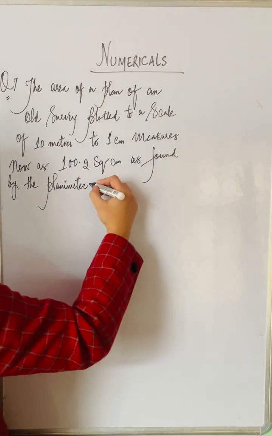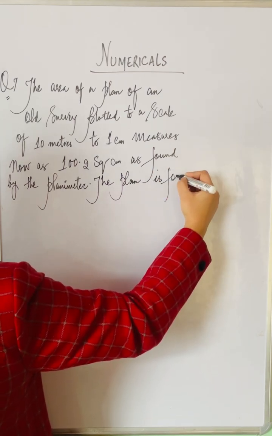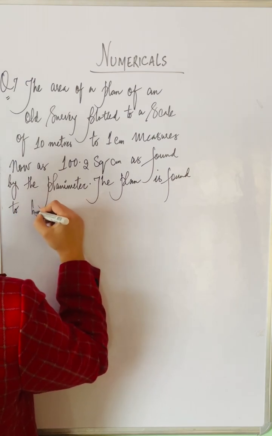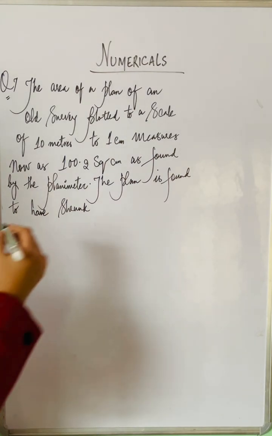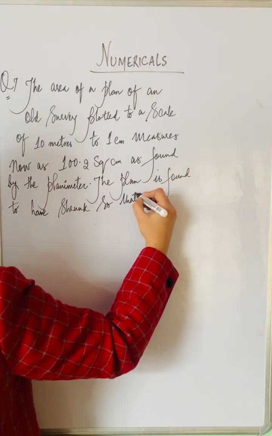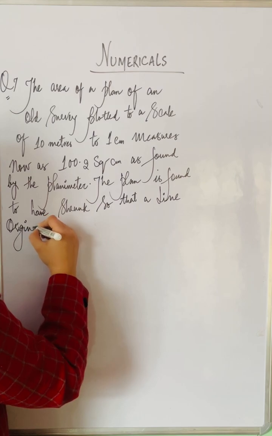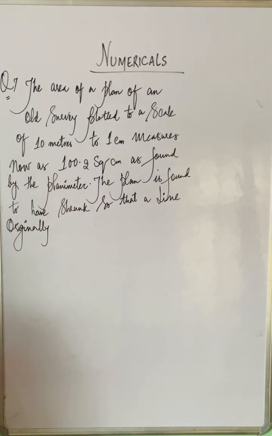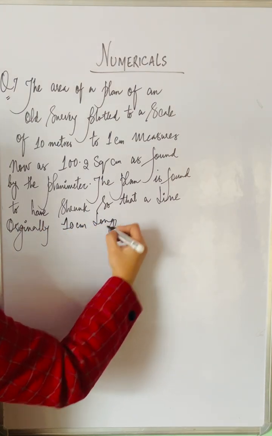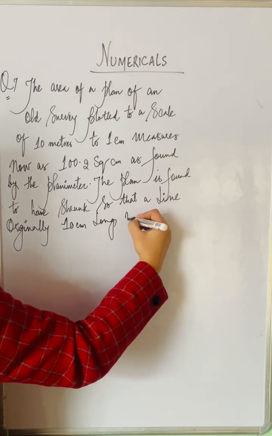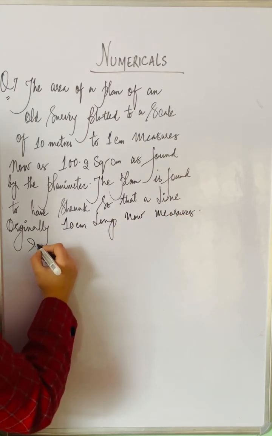The plan is found to have shrunk so that a line originally ten centimeters long now measures 9.7 centimeters only.